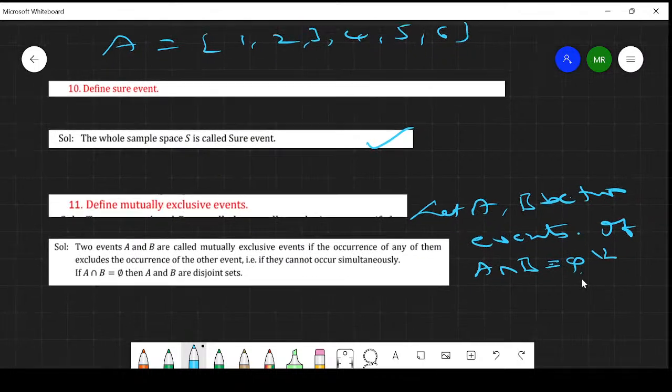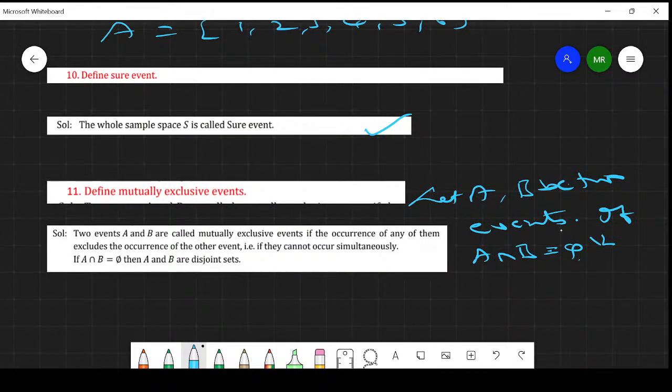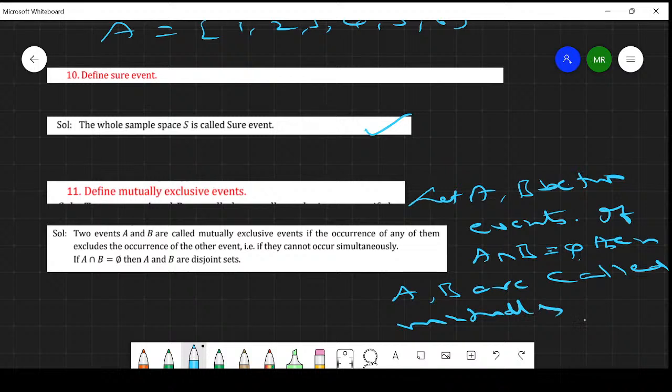That is a simple definition you can write. Whenever the intersection is the empty set, you can say mutually exclusive events.